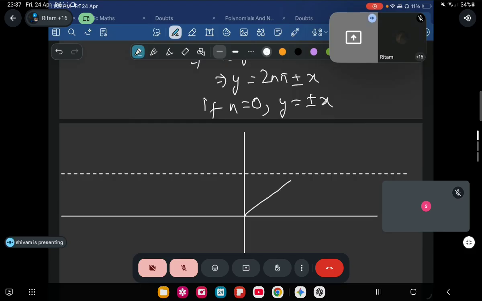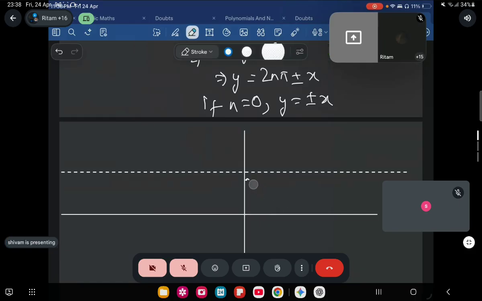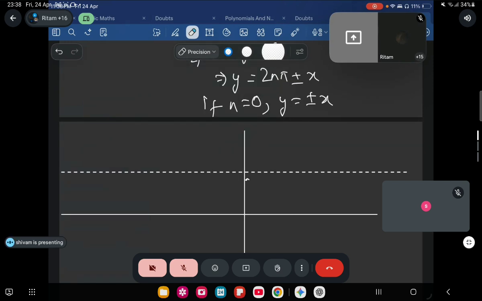This is the graph of y equal to x, and this is y equal to minus x.